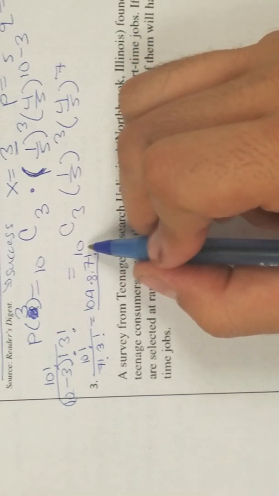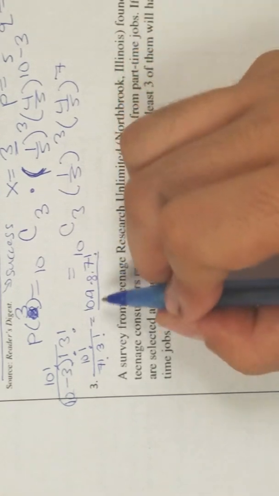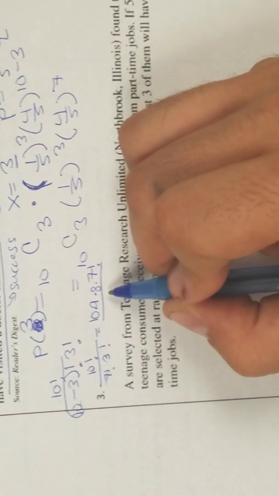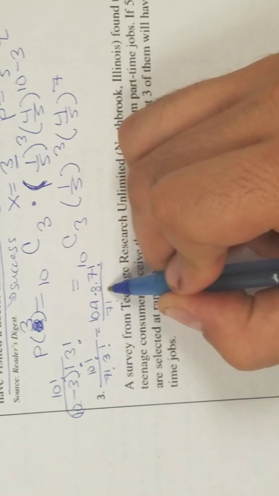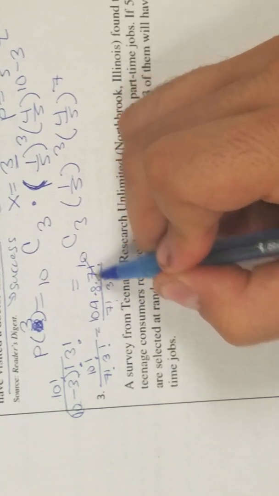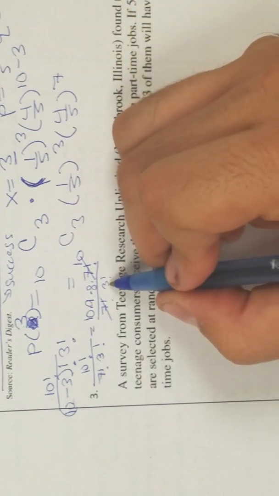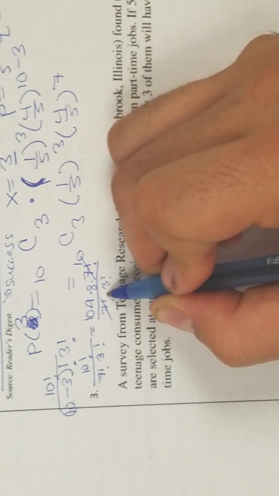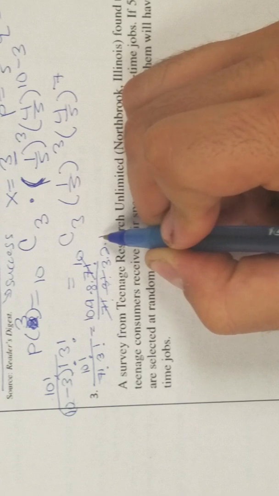I'm not going to continue to 6, 5, 4, 3, 2, 1 because I got a 7 factorial here. So that's why I'm stopping it short there. So these cancel. And then 3 factorial is 3 times 2 times 1, so I'm going to replace that with 3 times 2 times 1.